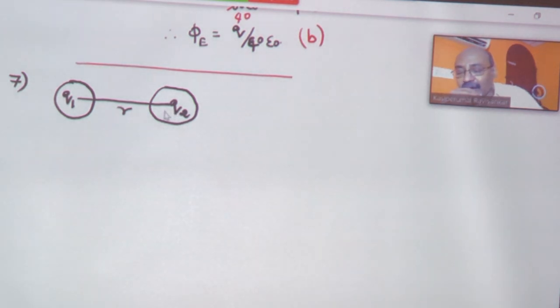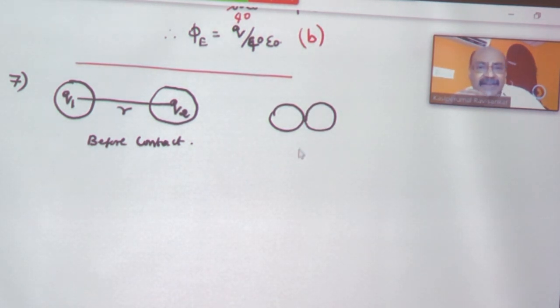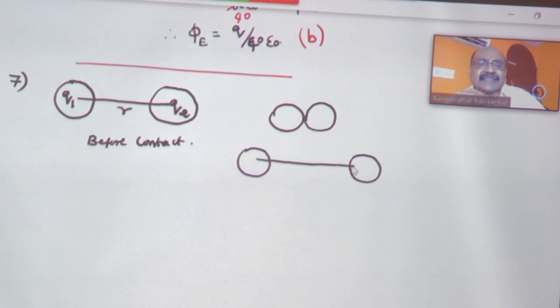We take this as before contact. Then they make the two spheres come in contact. Then again they are separated to the same distance r. Let us consider this as after contact.